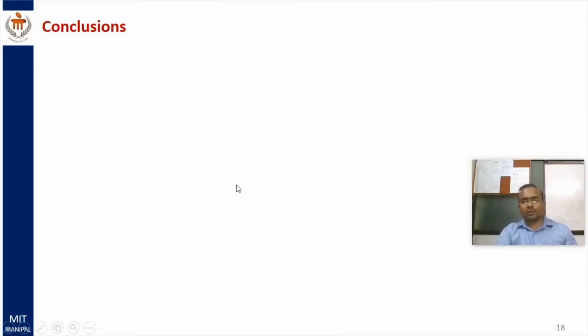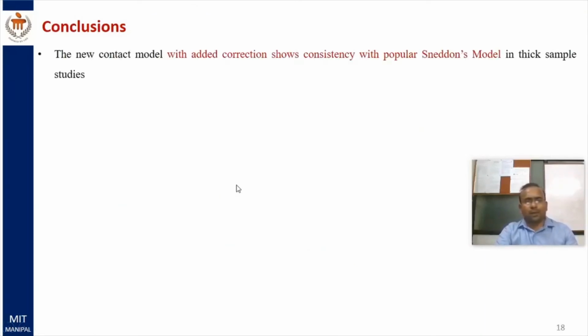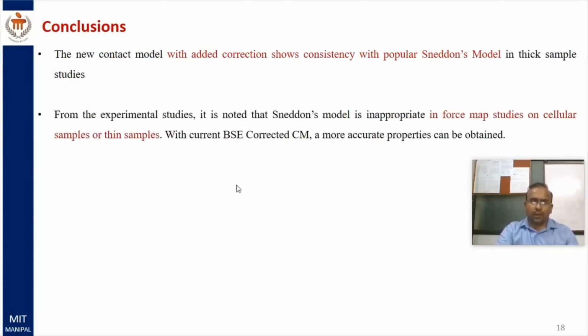So the conclusions of this work: the new contact model with the added correction shows consistency with Snellen's model in thick sample studies. When it comes to thin sample or force map studies, Snellen's model is inappropriate and adds a significant amount of errors.